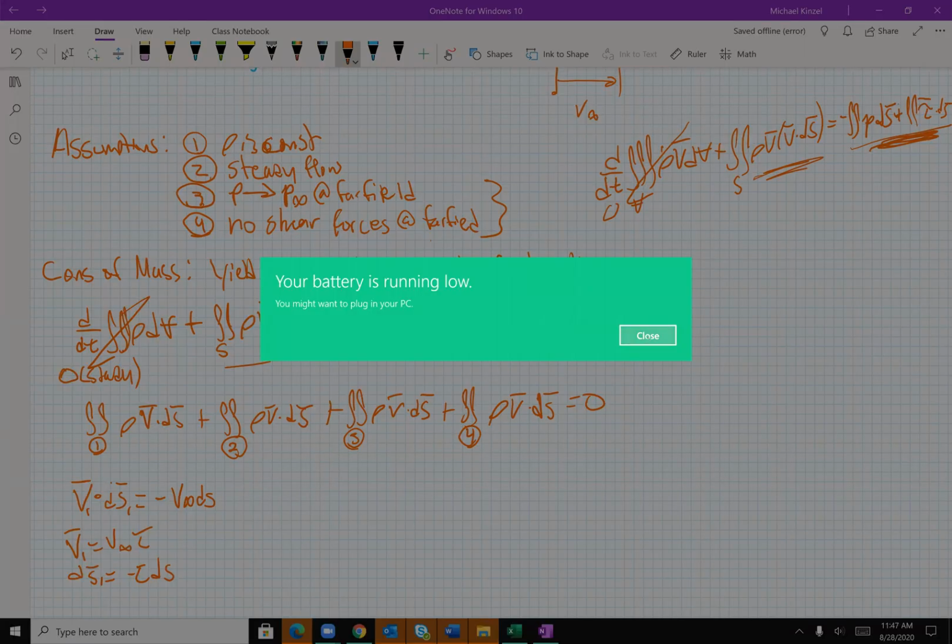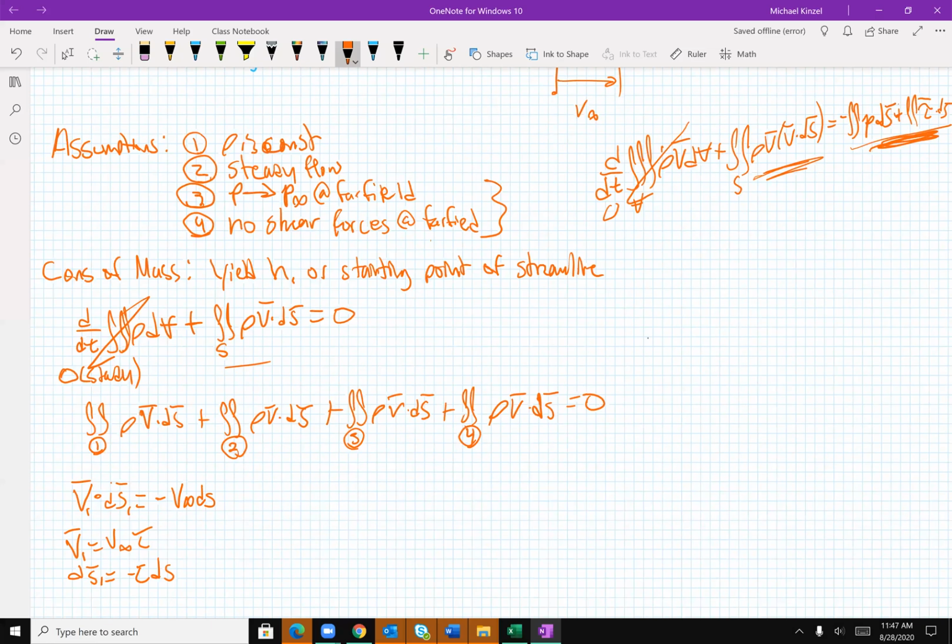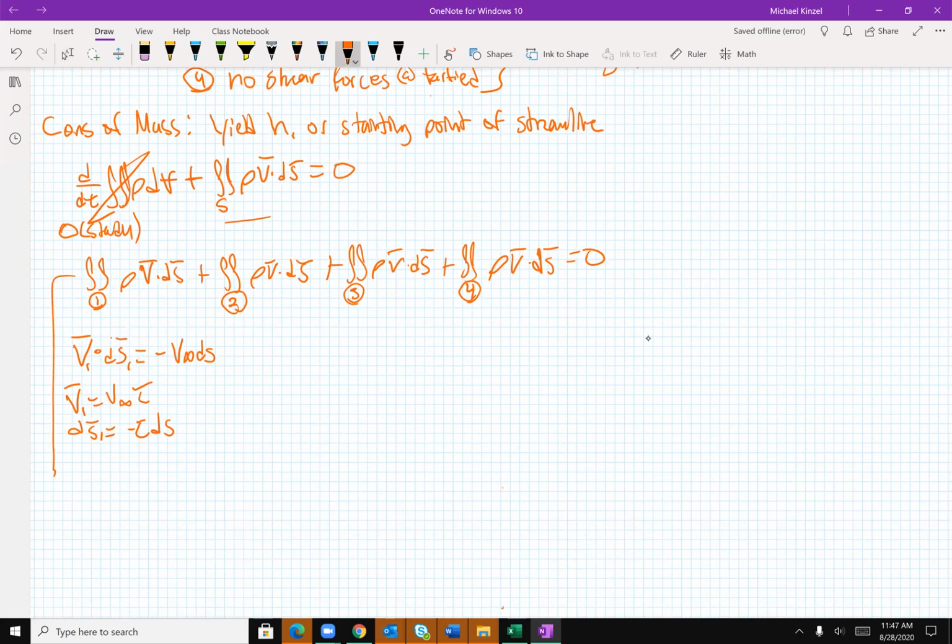So when we look at that, come back to our equation. What we could do is bring this back down. Density is a constant. We evaluated this as this, which is a V infinity, a negative sign, and an integral of dS. What is this double integral of dS equal to?